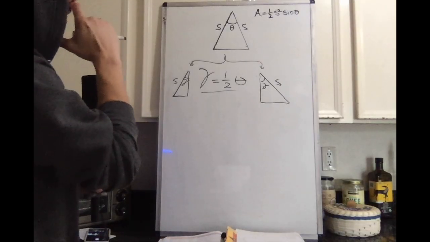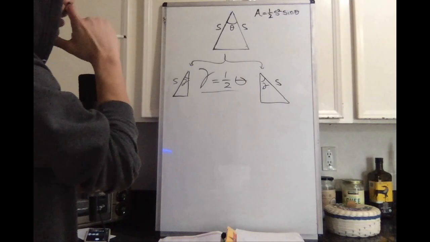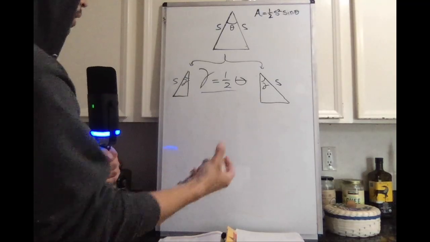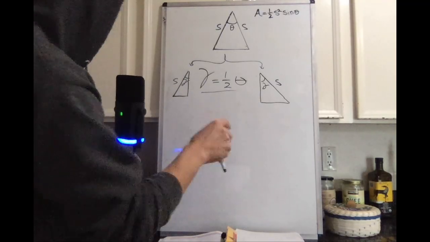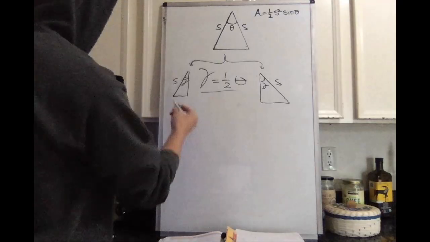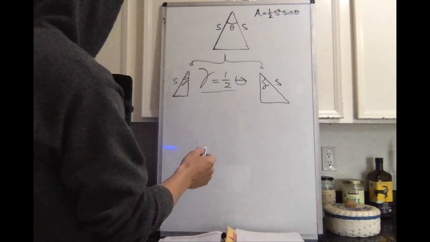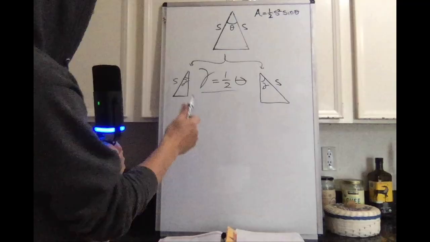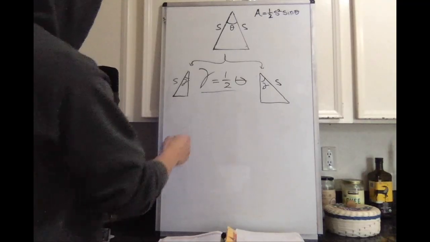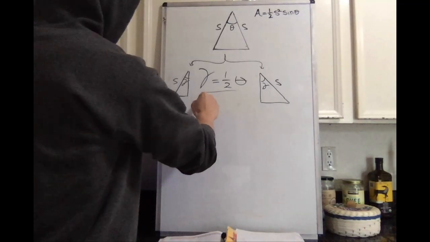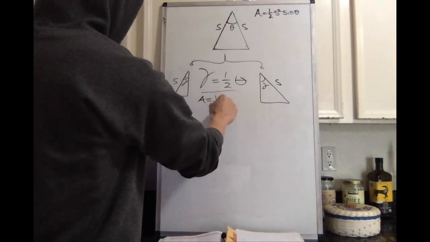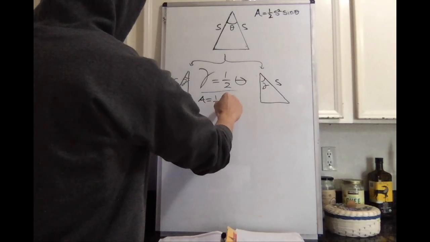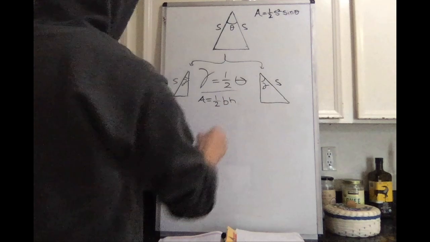Another formula that you should know in the context of triangles is 1/2 base times height. That is the area of a right triangle. So I'll write that down right here: area is 1/2 base times height.